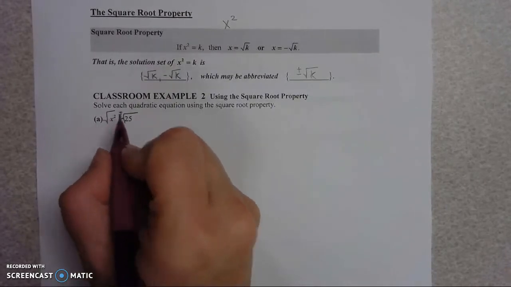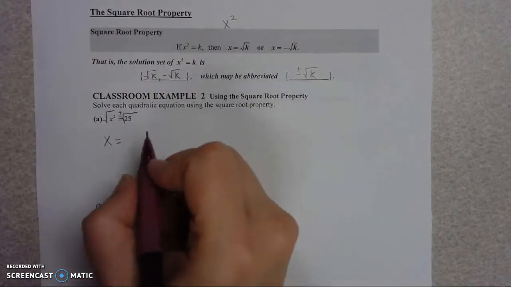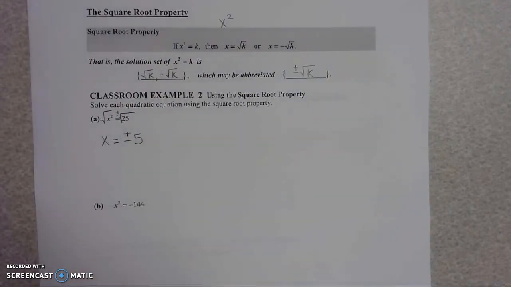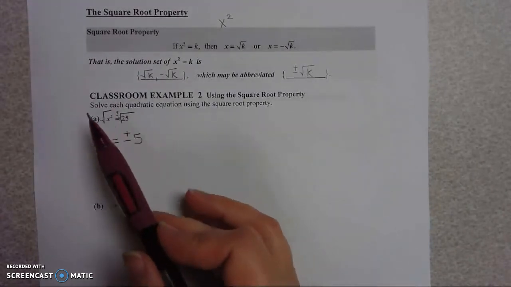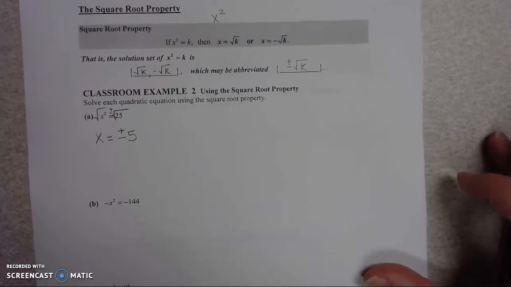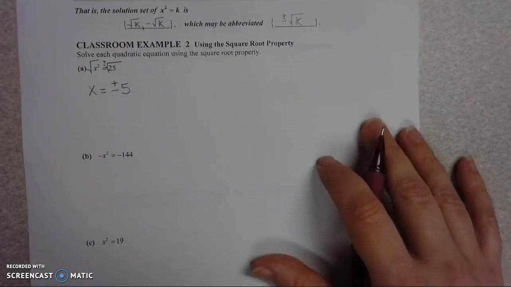So the square root of x squared is just x, and the square root of 25 will be plus or minus 5. Now, if you're unfamiliar with square roots, you may want to go by the Learning Lab and get some help on simplifying, or come by my office and we can discuss square roots and radicals.